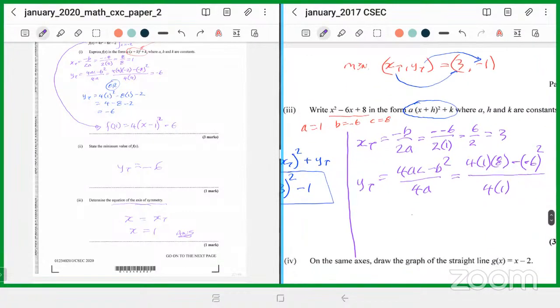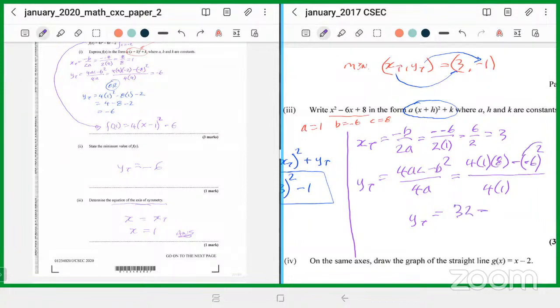If you work this down, 4 times 1 is 4, 4 times 8 is 32. That's 32.